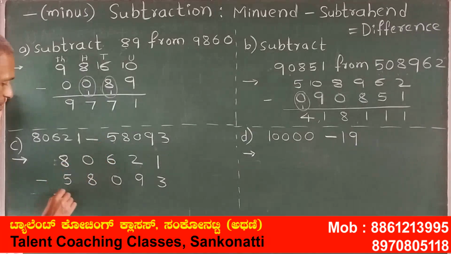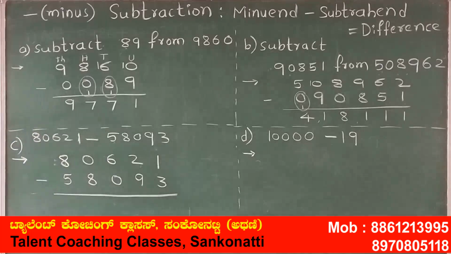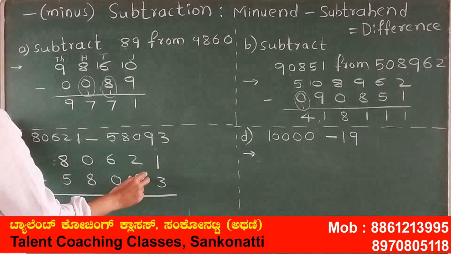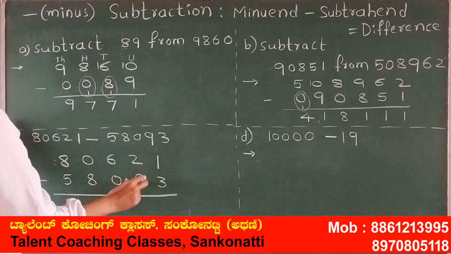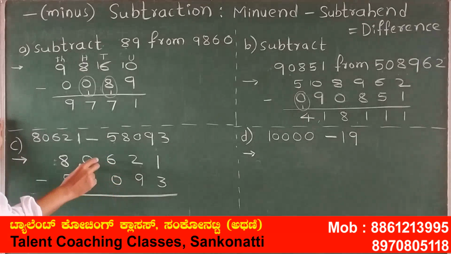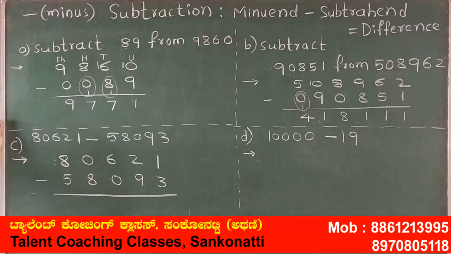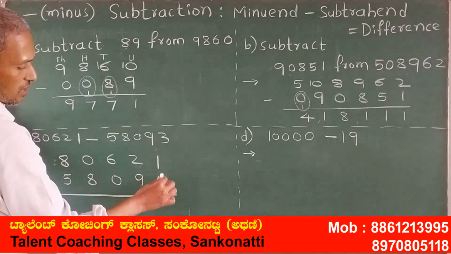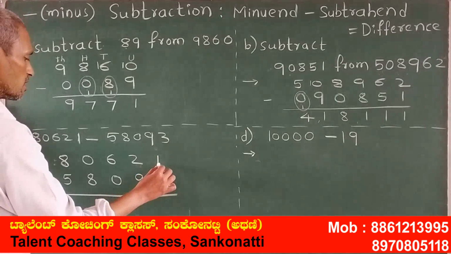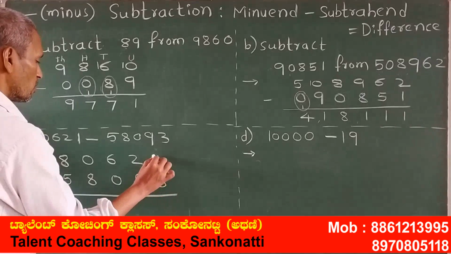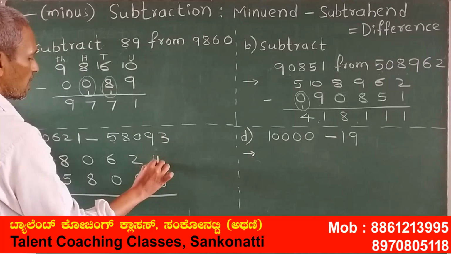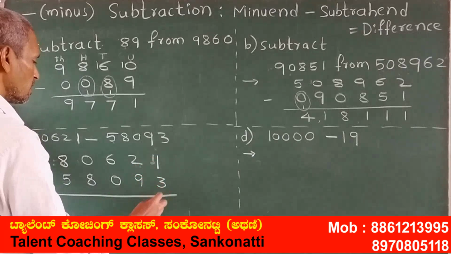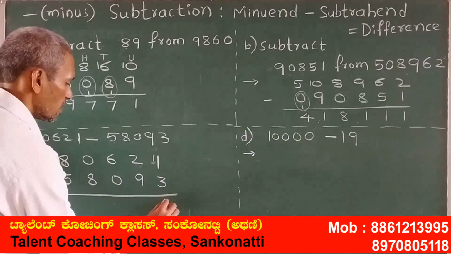Now we can subtract. First we'll subtract units from units, then tens from tens, hundreds from hundreds, and thousands and ten thousands. We cannot subtract 3 from 1 as 1 is smaller than 3, so we borrow, and it becomes 11. 11 minus 3 is 8.